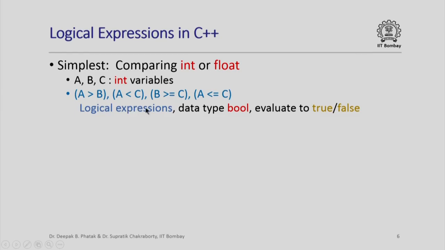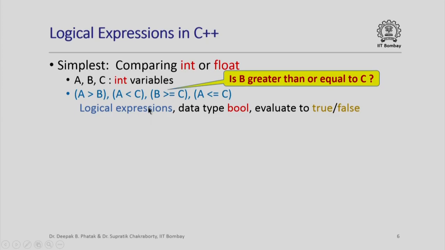These will all constitute logical expressions. Note when I write greater than and follow it with the equal sign, it means one comparison operator. These two symbols together constitute one comparison operator called greater than or equal to. Similarly, when I write less than and follow it immediately with an equal symbol, these two symbols together constitute a comparison operator called less than or equal to.